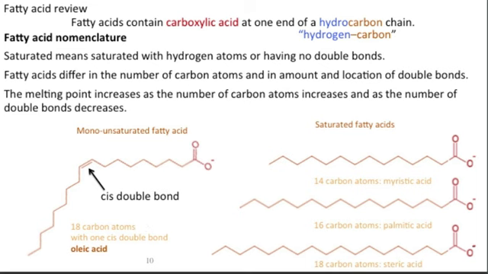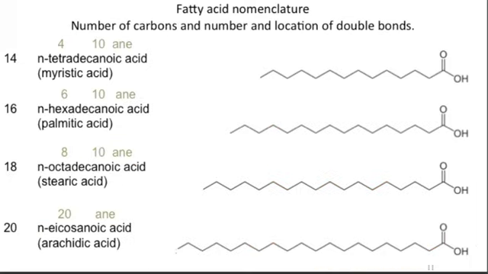Now let's look at chain length a little bit, and we'll come back to degrees of unsaturation. This is absolutely not a learning objective, but play with it a little bit just for your knowledge. Myristic acid has 14 carbons in it, and therefore it's called tetradecanoic acid.